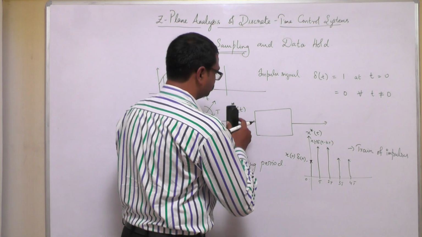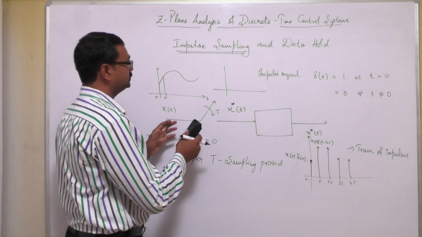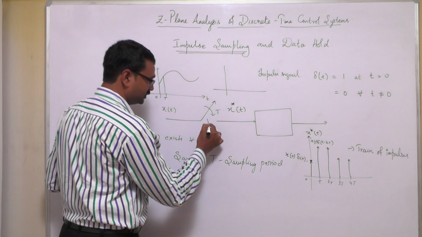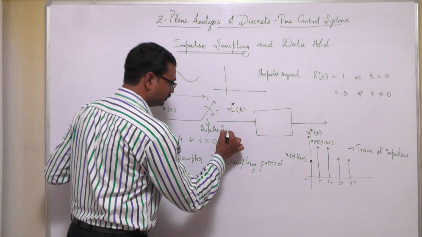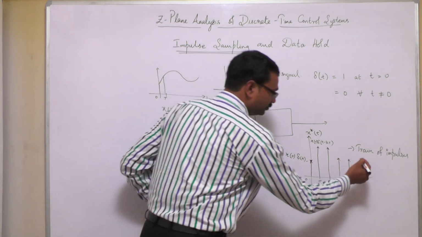Therefore, you are getting a train of impulses, that is an impulse sampler. If you call this an impulse sampler, the output of the impulse sampler is a train of impulses.